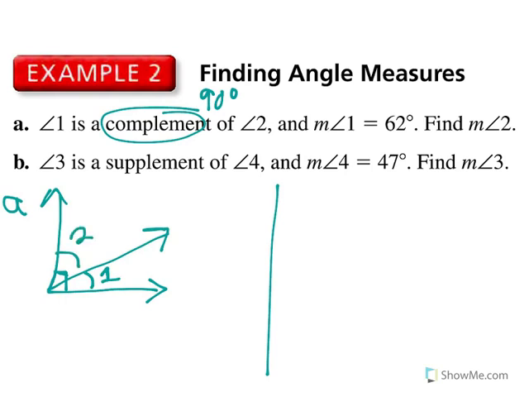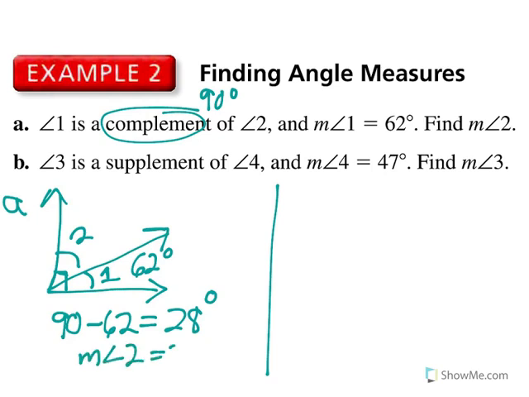It tells me the measure of angle 1 is 62 degrees. To find angle 2, I know they're complementary, so I can subtract from 90. 90 minus 62 would give me 28. So the measure of angle 2 is equal to 28.